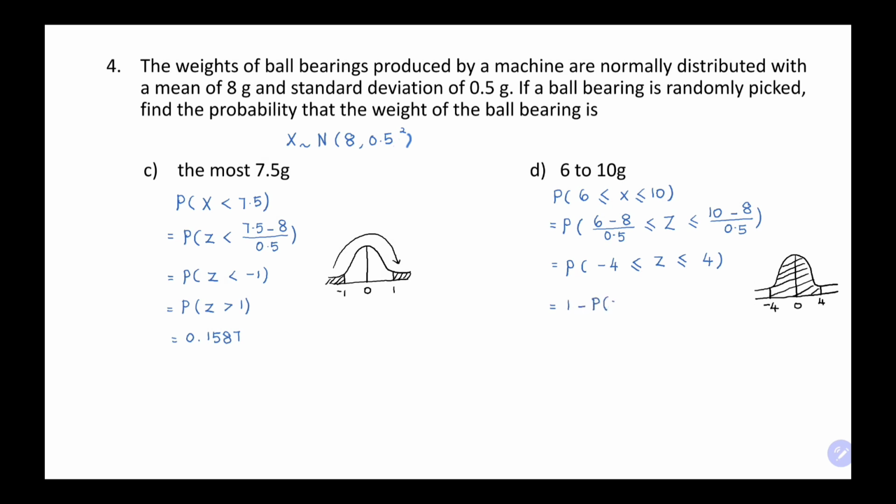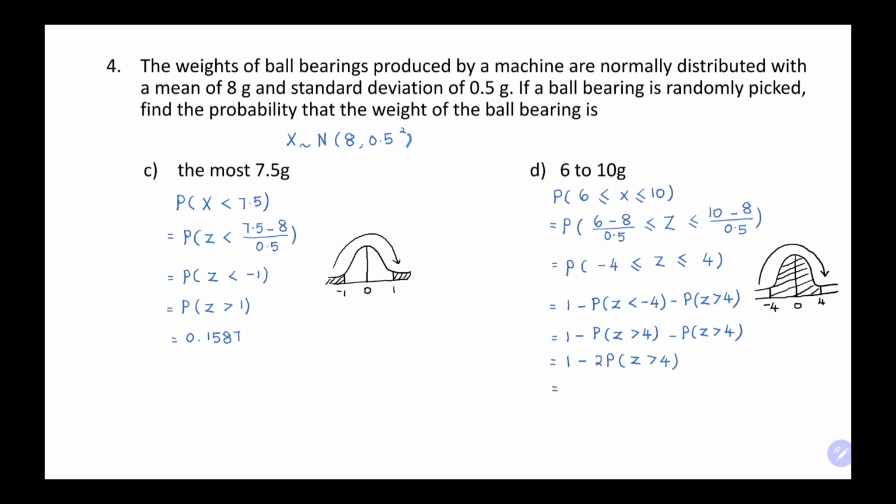First tail is P(Z less than negative 4) and second tail P(Z greater than 4). P(Z less than negative 4) is the same as P(Z greater than 4). Here is the same. So we take 1 minus P(Z greater than 4) minus P(Z greater than 4). Same, so we can combine: 1 minus 2P(Z greater than 4).